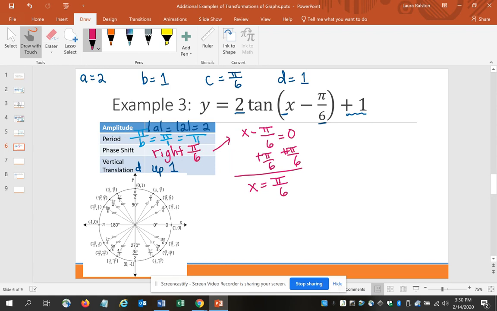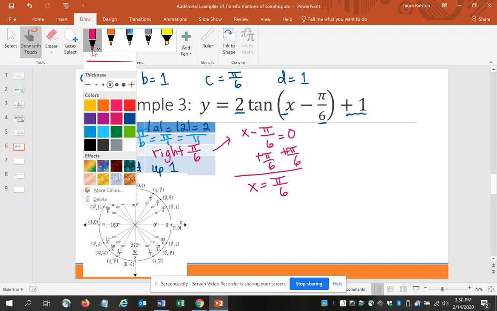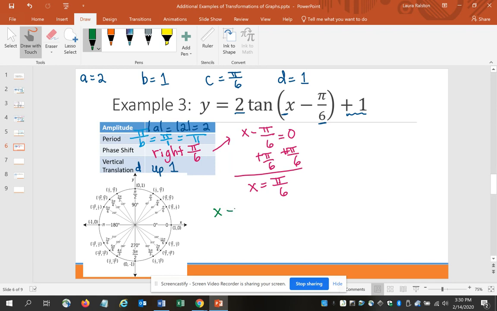And so I want to find out what that point would be on my number line. Well, normally we begin the tangent curve with an asymptote at negative pi halves. So if I got to shift that pi sixth to the right, we're going to say x minus pi sixth equals negative pi halves. And I'm going to solve that for x to find that starting point.